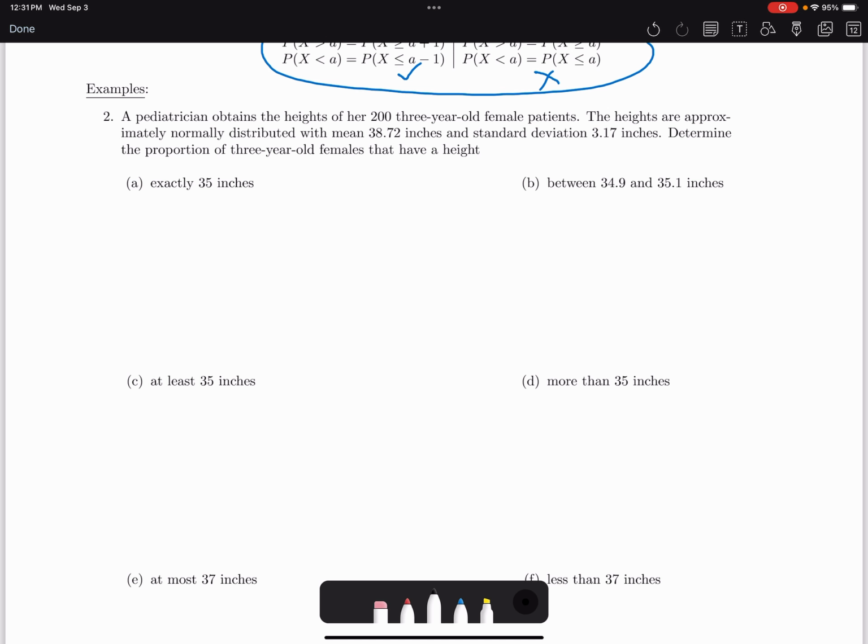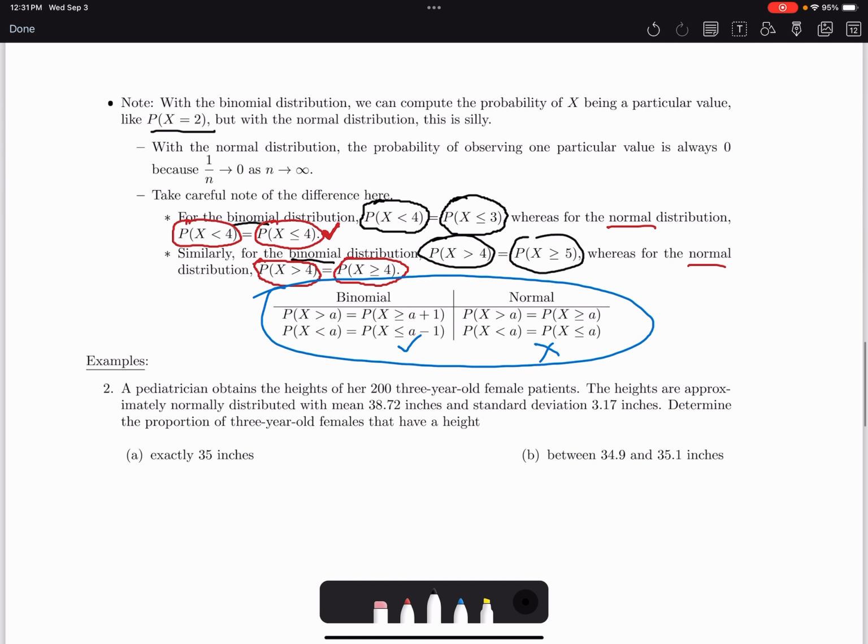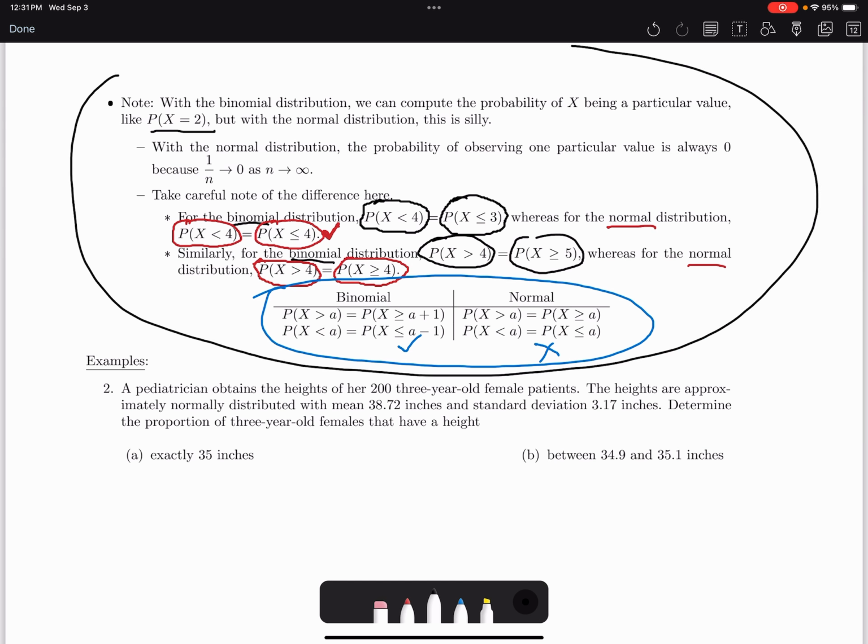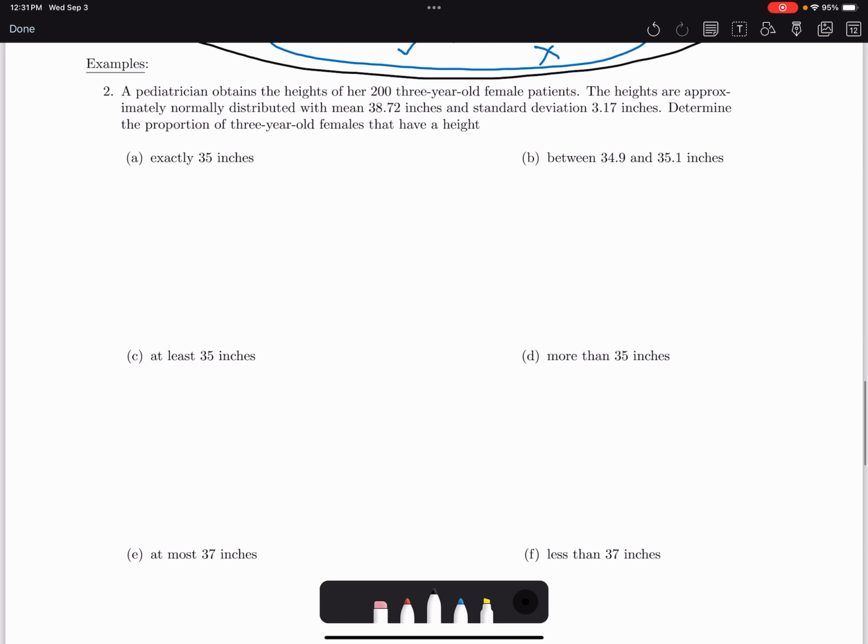So if I were you, I think it would be a very wise thing to do to take out your 2.5 notes and compare the work that we did for number 4 to the work that we're doing here for number 2 in this set of notes. And that'll help you to understand a little bit better what we're saying up here, that with the binomial we have to make adjustments, but for the normal we do not. Okay, so let's get into this example.